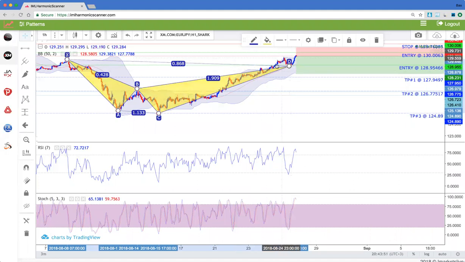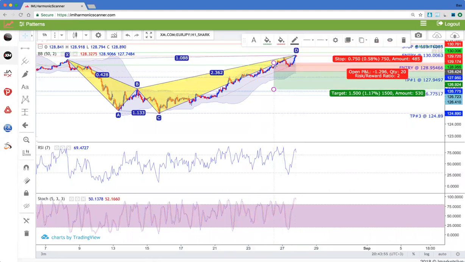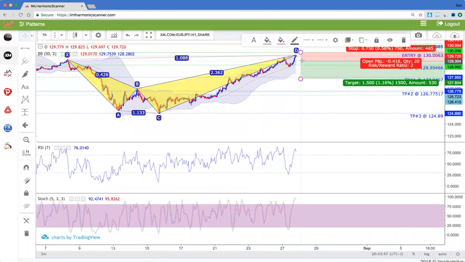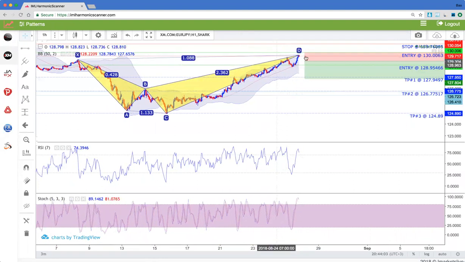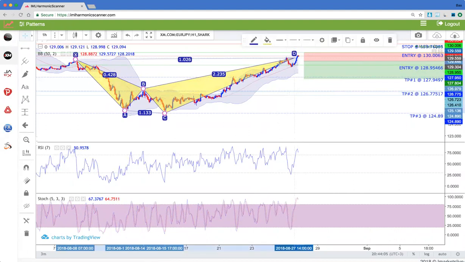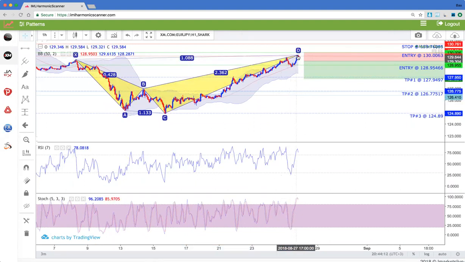What happened is that it had some drawdown, or actually I should draw it correctly. I'm sorry. This one, leave it there. Let's say point D was here. It doesn't let me actually. I hope you understand. So point D was on this entry point. It had some drawdown. It came back. It had some drawdown again.